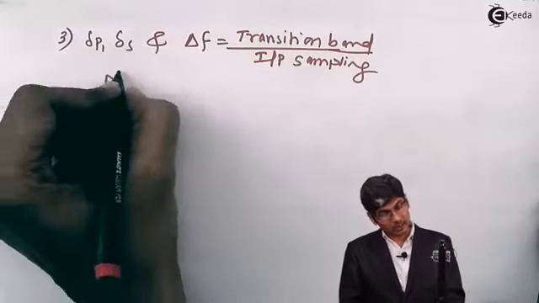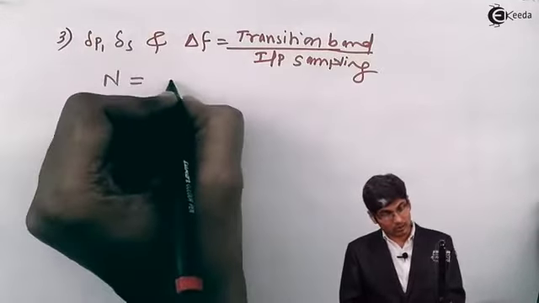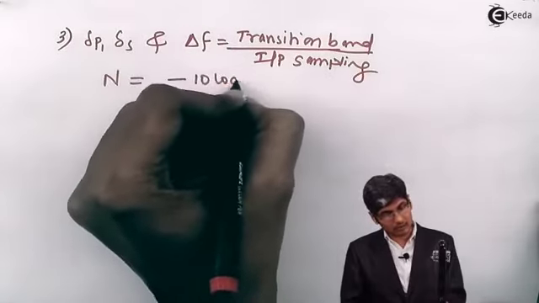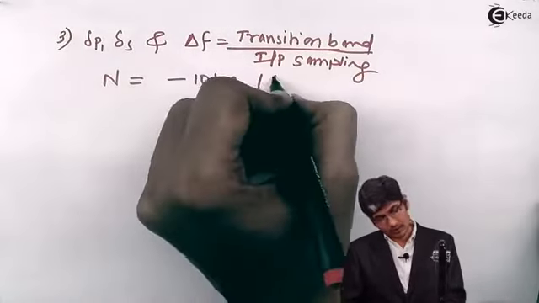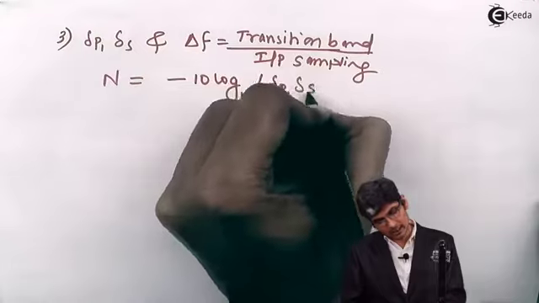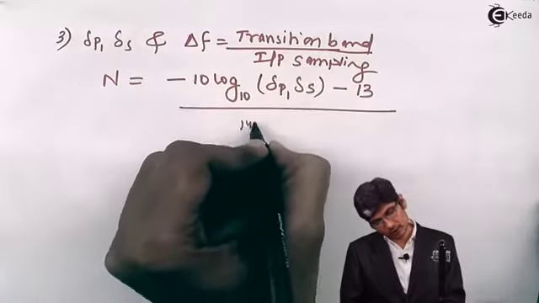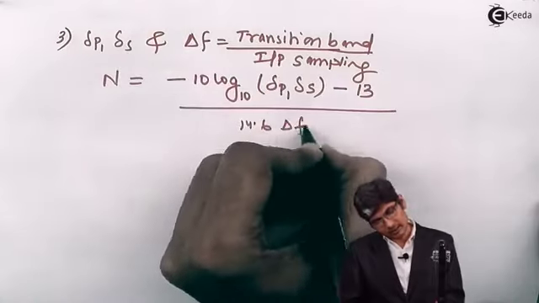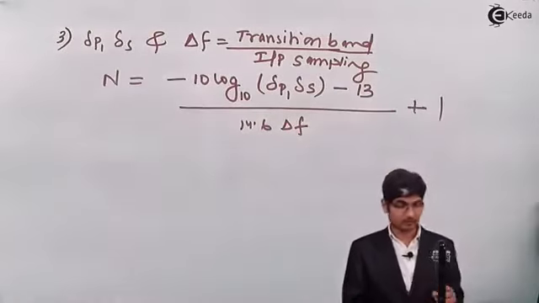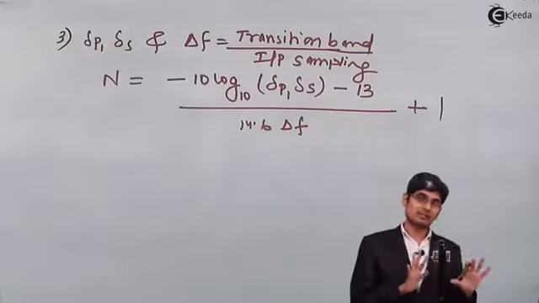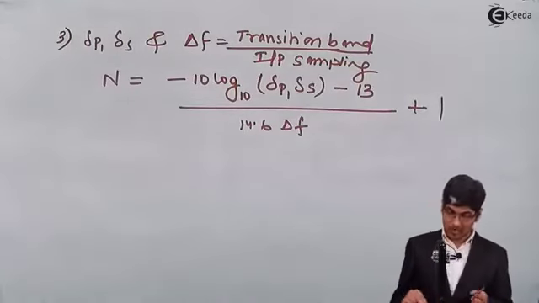Using this, I found the order: minus 10 log to the base 10 of delta p1 delta s, minus 13, divided by 14.6 delta f, plus 1. These are the three basic steps that we did in stage 1.